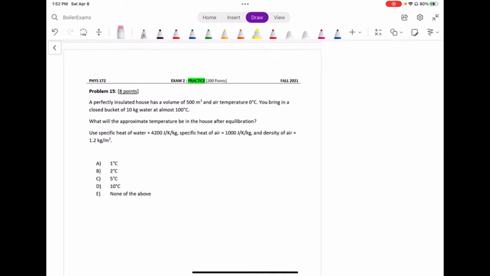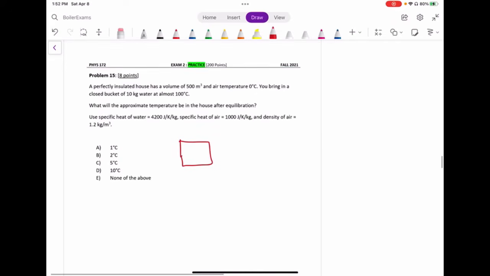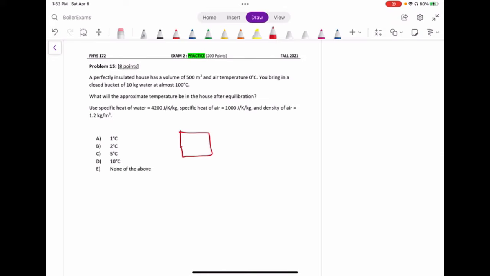We have a house. We have a volume of it, and temperature. You bring a closed bucket in. What will be the approximate temperature after reaching equilibrium? So here, like I mentioned earlier in one of the problems, heat lost by the house has to be equal and opposite to heat gained by the bucket.